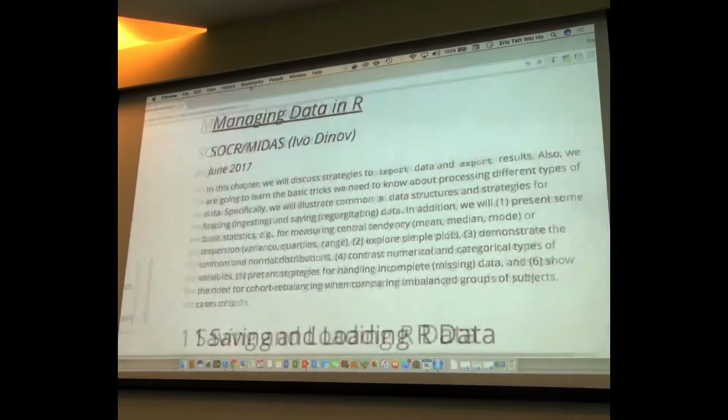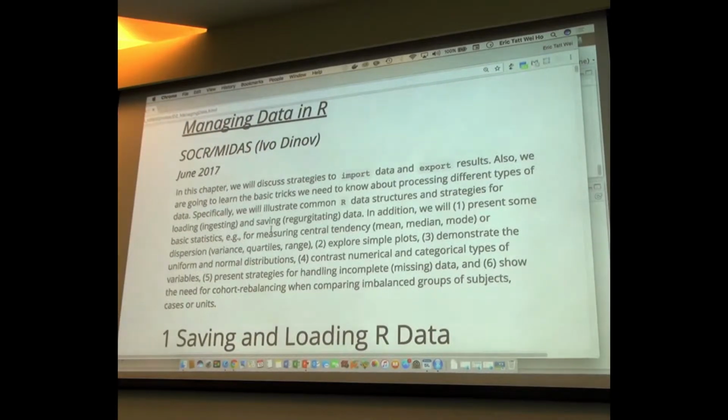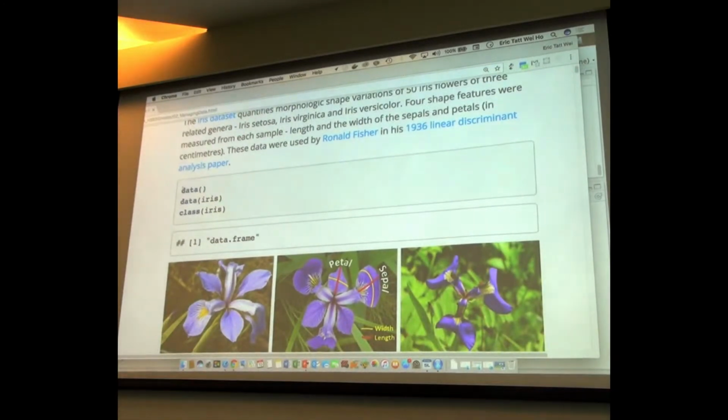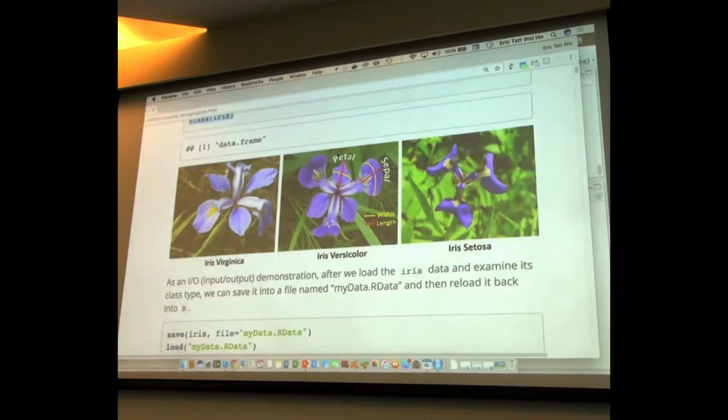All right, so let me quickly scan over. R comes with a whole bunch of data sets already preloaded. Here's an example of an iris flower data set where they wanted to see if we can develop classification methods. And this data set is almost, not quite, 100 years old.